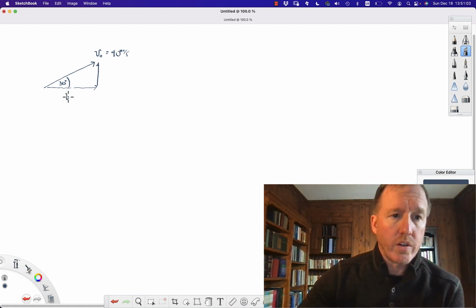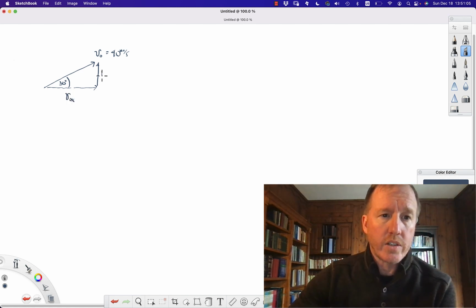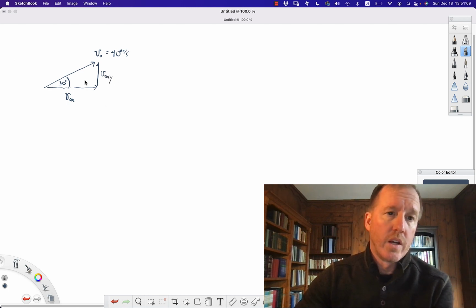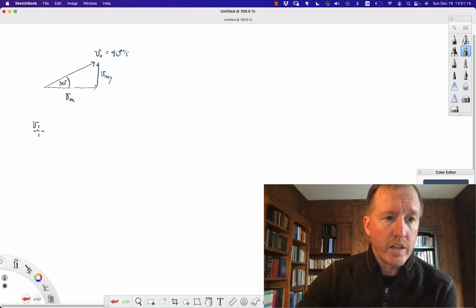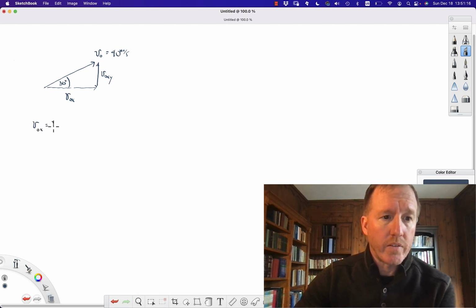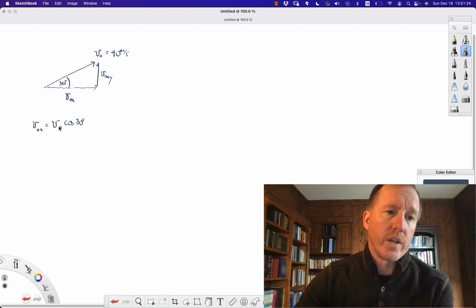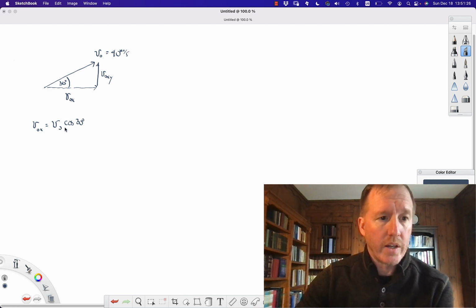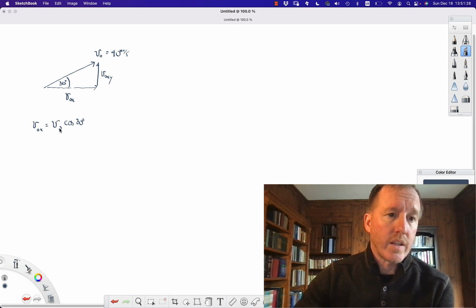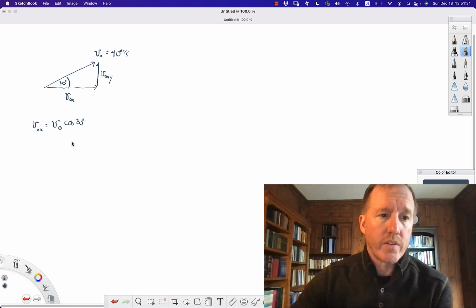And so what's the original velocity in the x direction and the original velocity in the y direction? Well, we can determine those from the angle and the initial velocity. So v naught x is going to be whatever the initial velocity was times cosine of 30 degrees, because cosine of 30 is adjacent over hypotenuse. So the hypotenuse times the adjacent over the hypotenuse gives you the adjacent. And, well, what's cosine of 30 degrees?